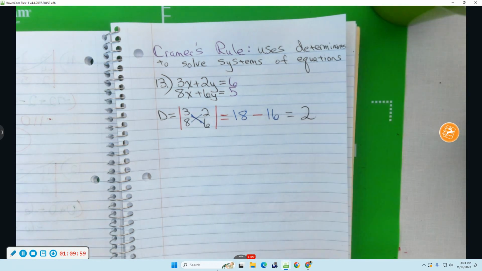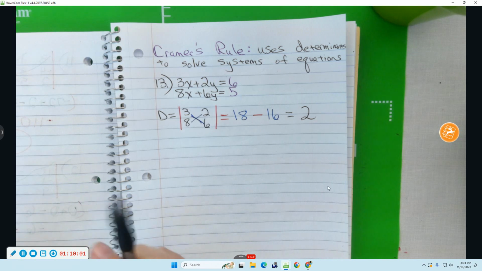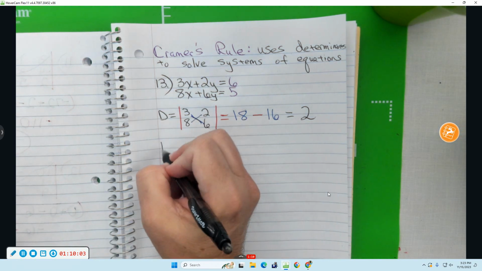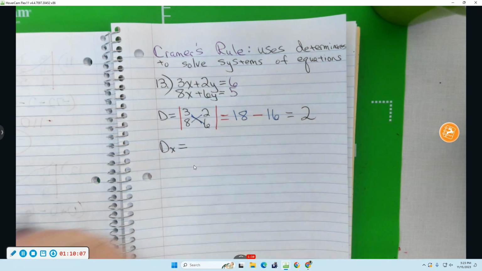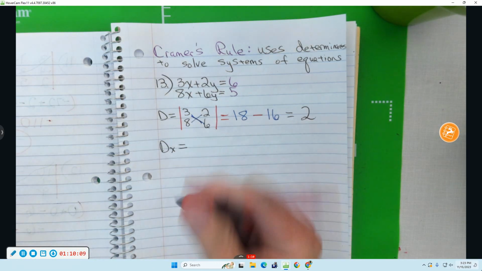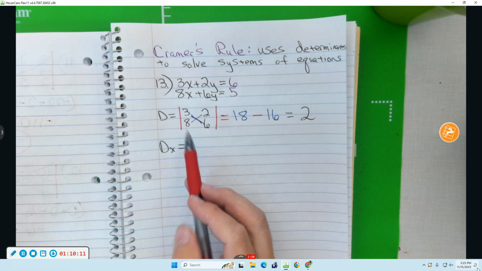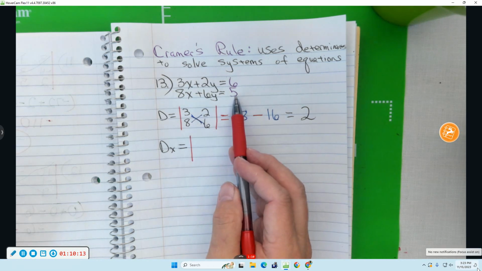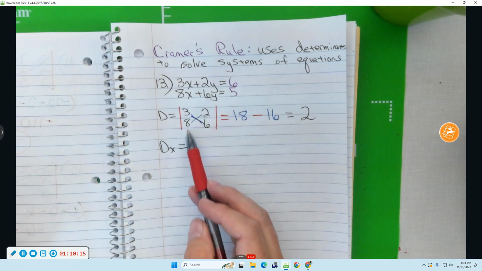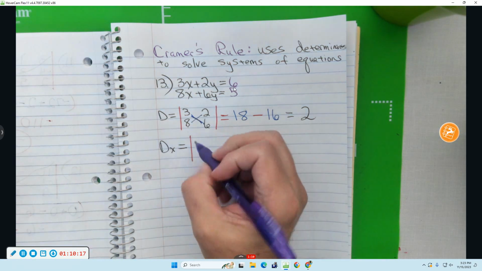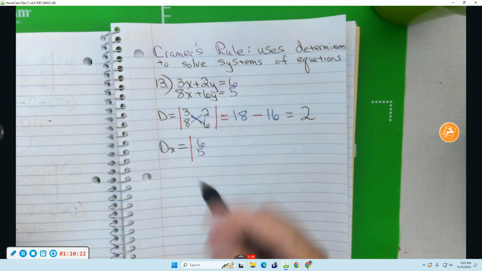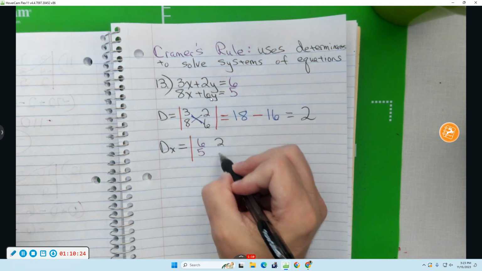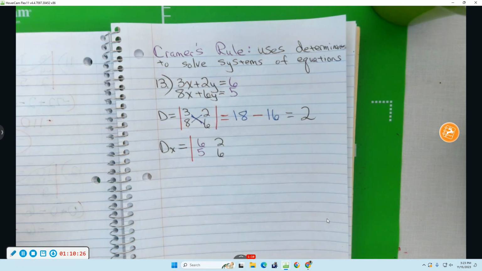He then formed the determinant of the matrix that he called D sub x. D with the subscript x. That's the determinant you get when you replace the x column with the column of constants. So instead of 3, 8, we have a 6, 5 here. The second column is still the 2, 6, the y column.